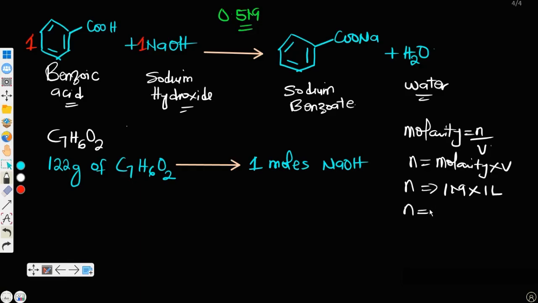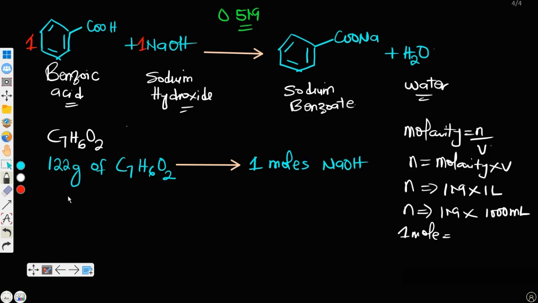Now we want to look for the milli equivalent. That means for the milli equivalent, you must always use milliliter. So 1 mole times 1 liter becomes 1000 milliliter. So in place of the 1 mole, which is the number of moles, you are now going to substitute 1 mole times 1000 milliliter.